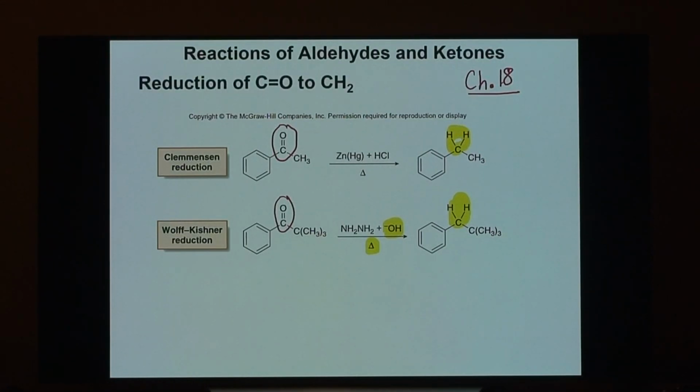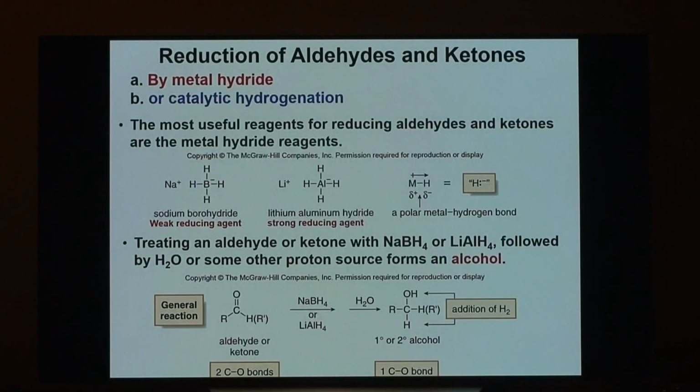So reduction of carbonyls, as I mentioned, is two types. Either reducing carbonyls to CH2s by these two reagents, or reducing carbonyls into alcohols. Either one, okay? It depends on the agent that you are working with.